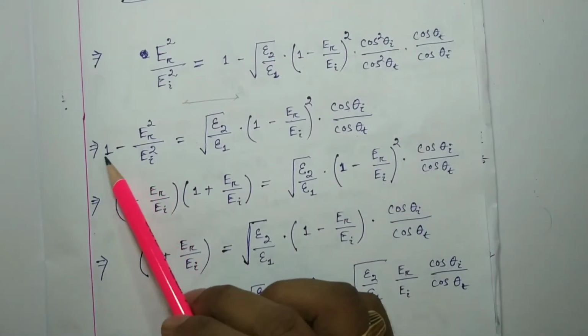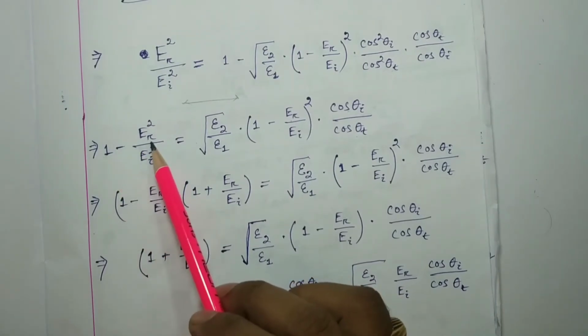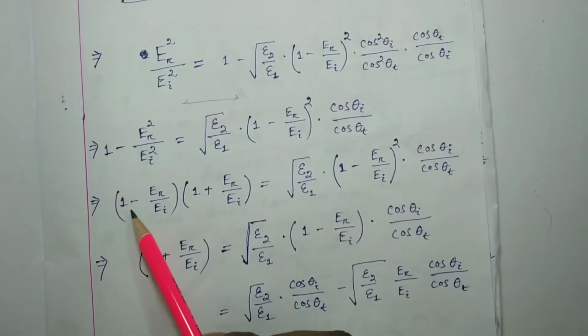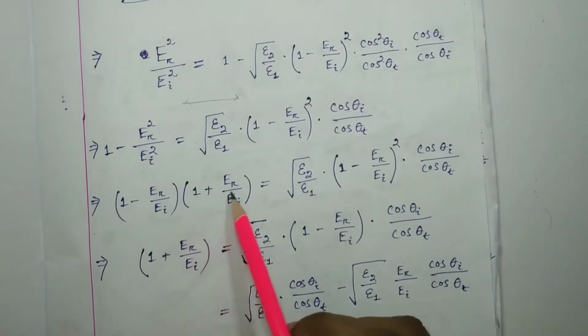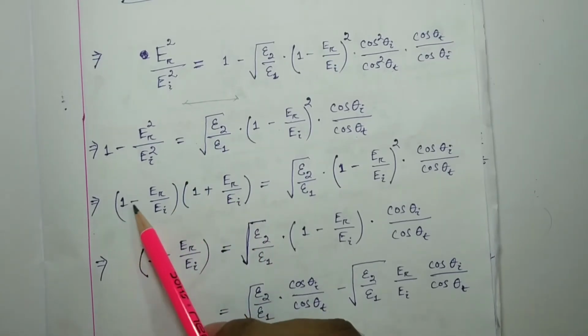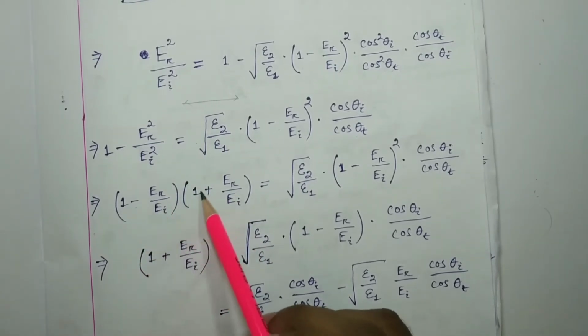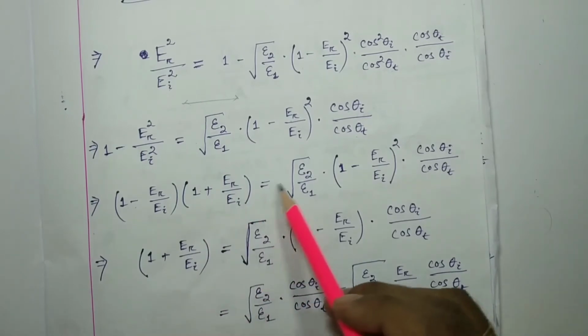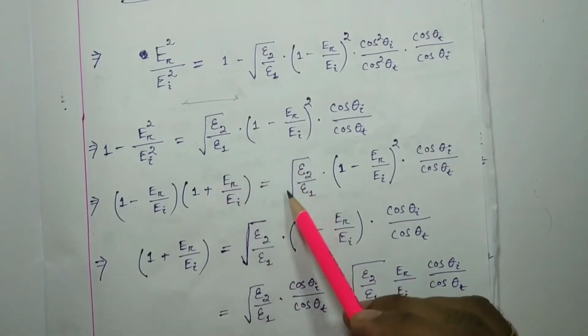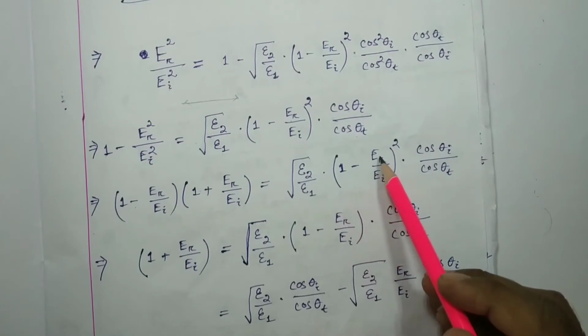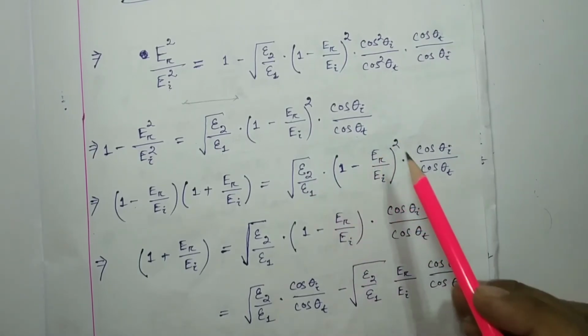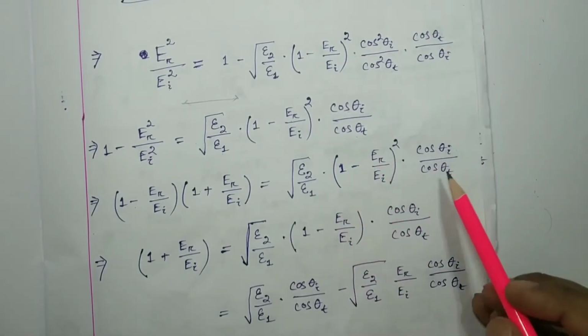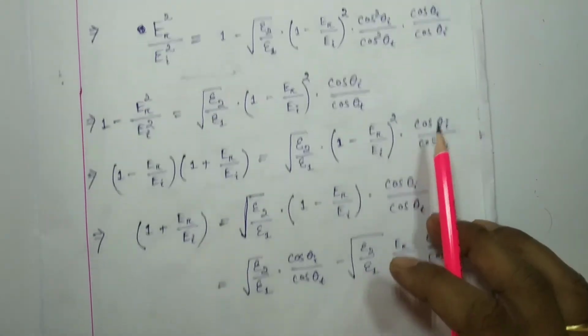Now this is in the form of a square minus b square, so we can write it in a minus b into a plus b form. So it will be 1 minus Er by Ei into 1 plus Er by Ei equal to epsilon 2 by epsilon 1 whole root, into 1 minus Er by Ei whole square, into cos theta I by cos theta t. Simple derivation.